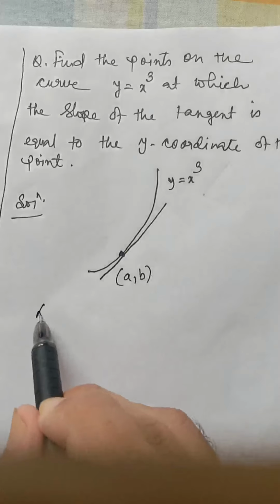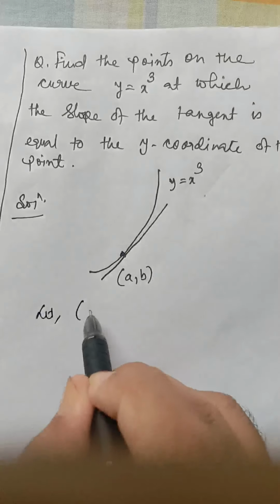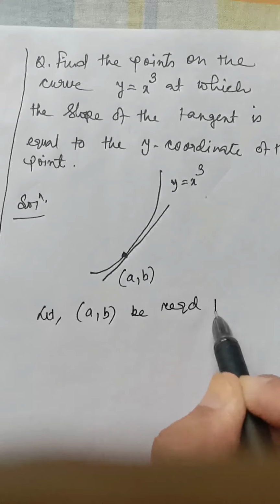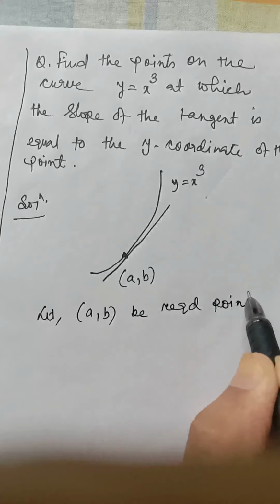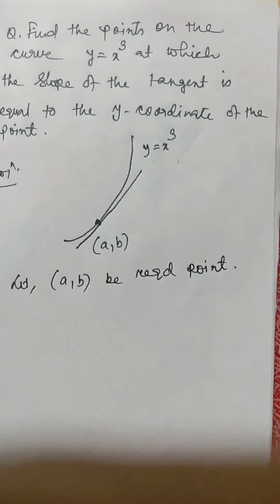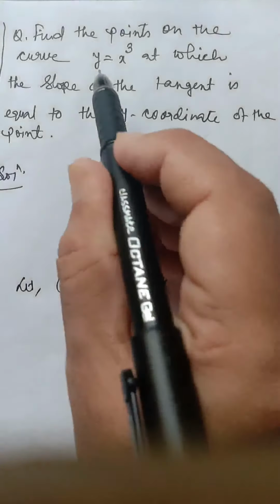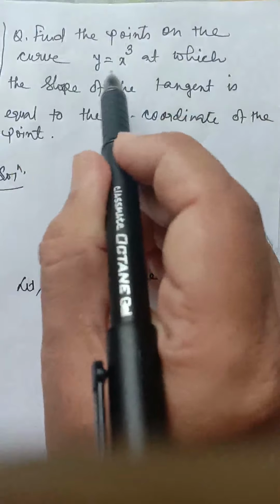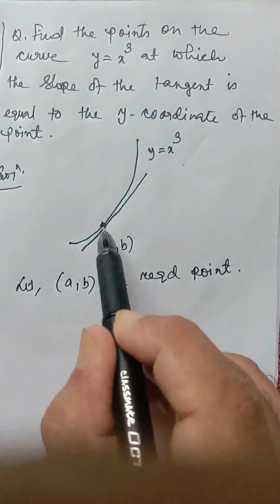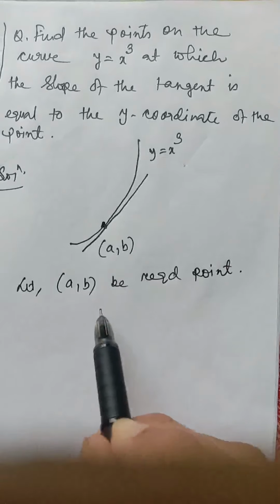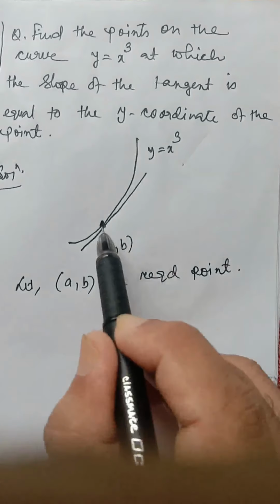So first of all, let (a, b) be the required point, and it is on the curve.